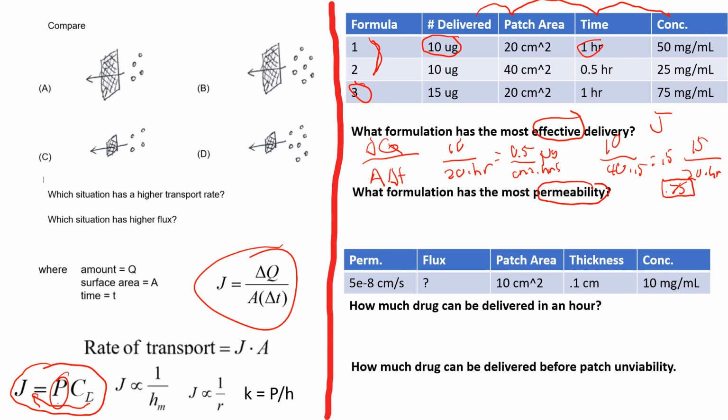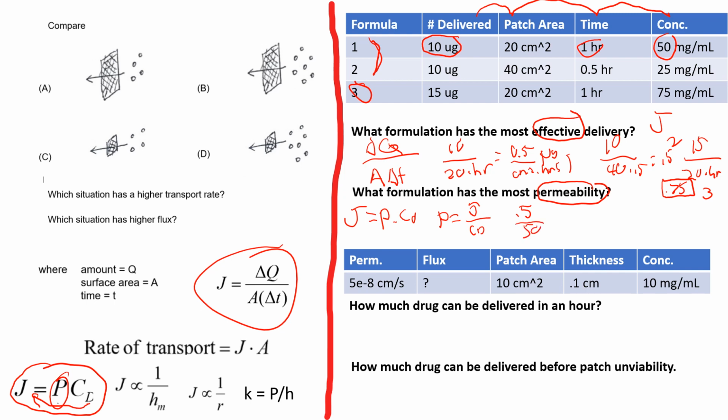So 3 is the most effective delivery method. But now let's move on to permeability. So now that we've had these fluxes, this is flux 1, 2 was this one, 3 was this one. If we know that flux equals permeability times concentration, we can extrapolate that permeability equals flux divided by concentration. So let's do that. We'll do formula 1 first. We have 0.5 divided by the concentration, which is 50 milligrams per milliliter.